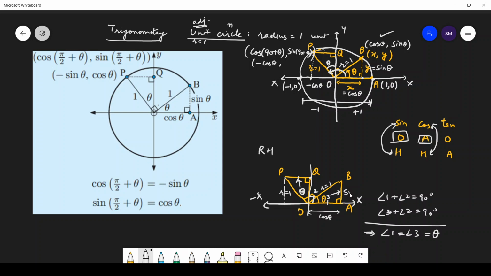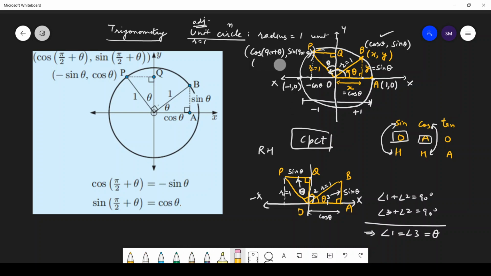So this side is sine theta, so this side will also be sine theta. So CPCT, corresponding parts of congruent triangles are equal. So if this is sine theta, this will also be sine theta, right? So this is the mistake that we are making here.